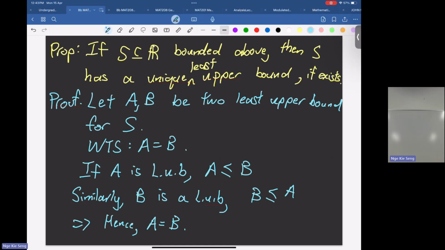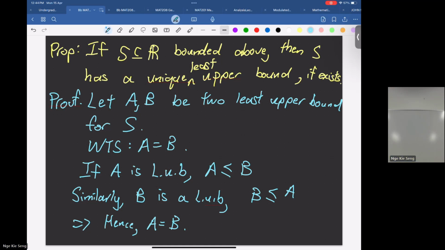Can you follow this argument? If A is the least upper bound, then it is less than or equal to any other upper bound, in particular B. If B is a least upper bound, it is less than or equal to any other upper bound, in particular A. So I get A is less than or equal to B, and B is less than or equal to A. By the order axiom, anti-symmetry, we get A equals B. Make sense?